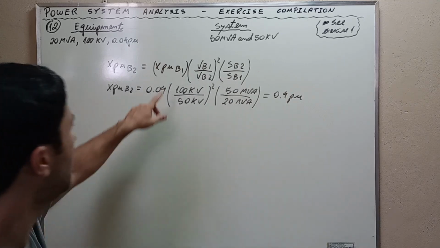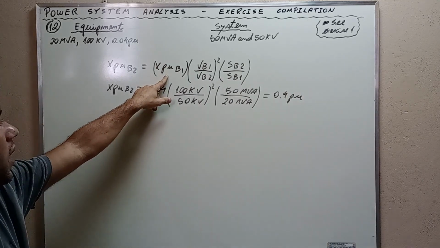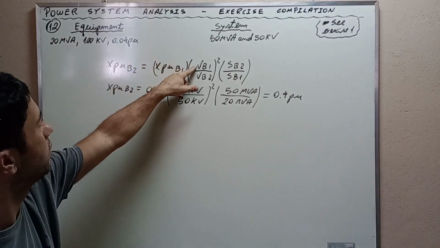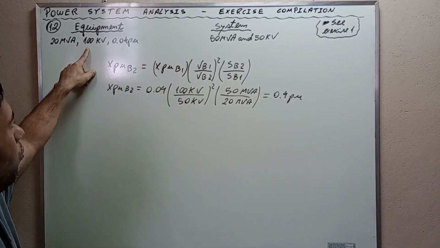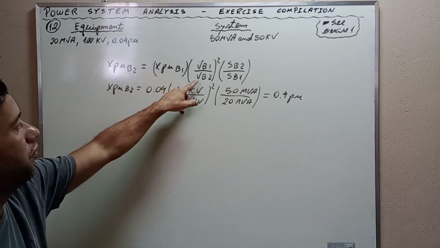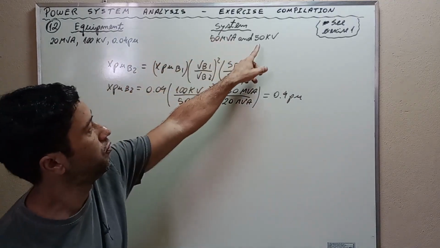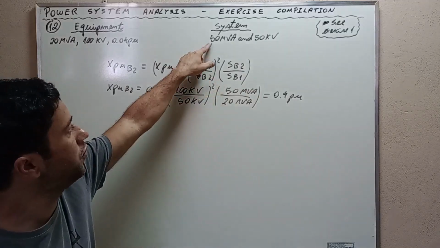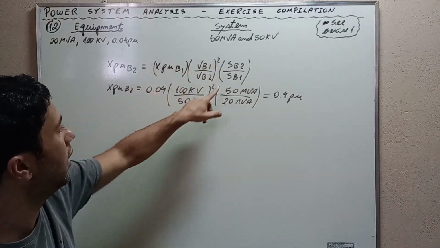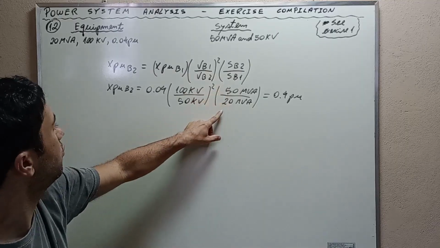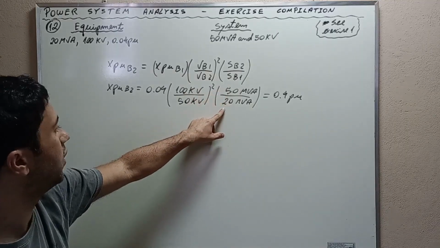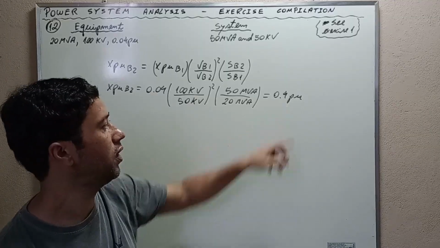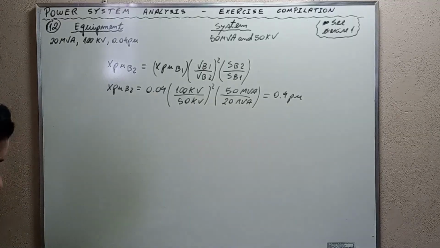Okay? VB1 is 100 kV, VB2 is 50 kV, SB2 is 50 MVA, and SB1 is 20 MVA, and the value that we were looking for is 0.4 pu.